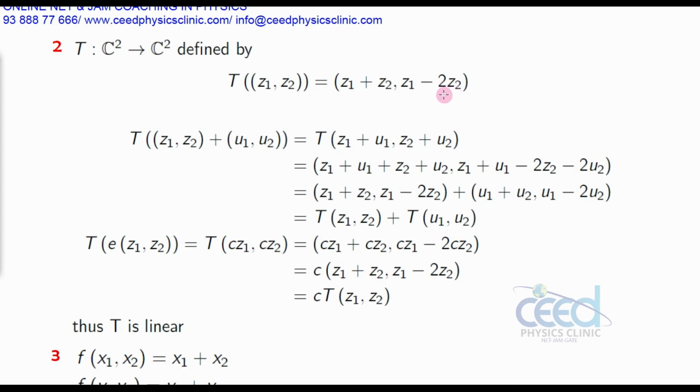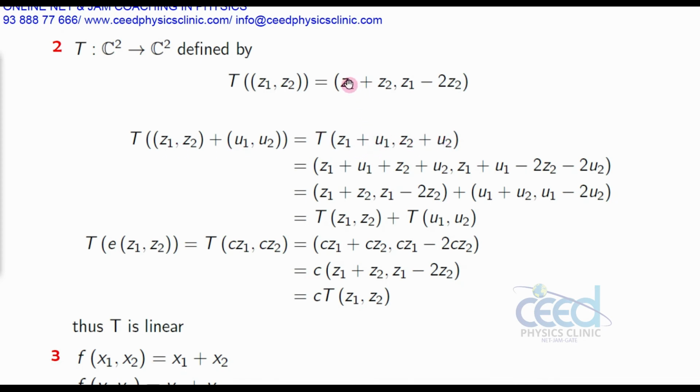Now consider two variables, T of (z1, z2) plus (u1, u2). I am treating (z1, z2) as one vector and (u1, u2) as another. As per the rule, you can add the coordinates like this: (z1 + u1, z2 + u2).